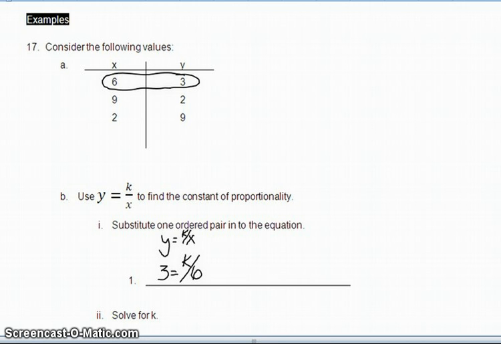To do that, I am going to multiply both sides by 6, making the 6's on the right side of my equation cancel, and I'm left with 6 times 3 is 18 equals k. So my generalized equation is going to be y equals 18 divided by x.